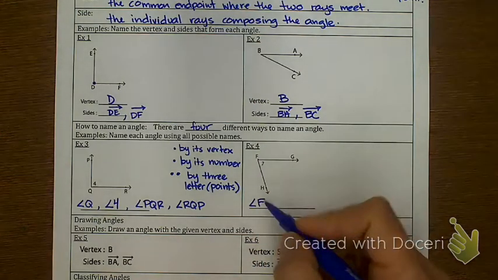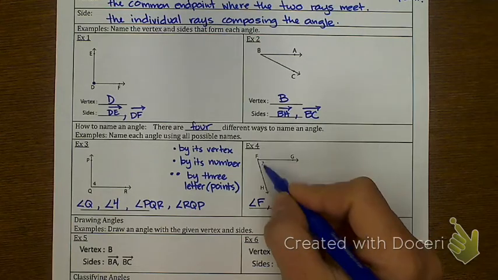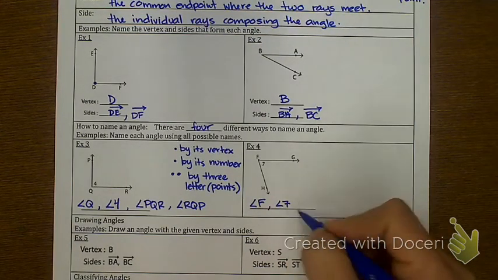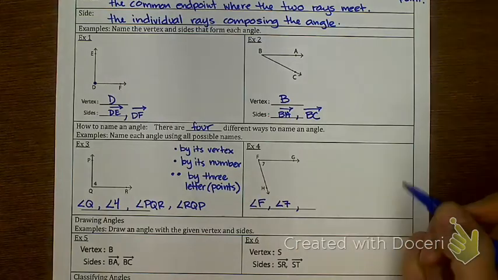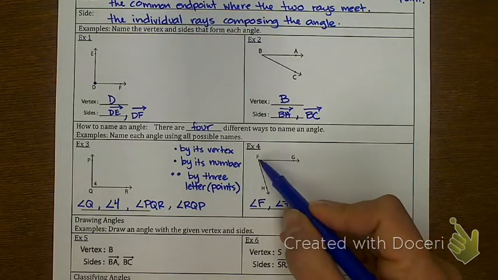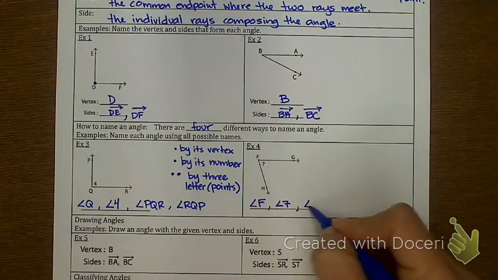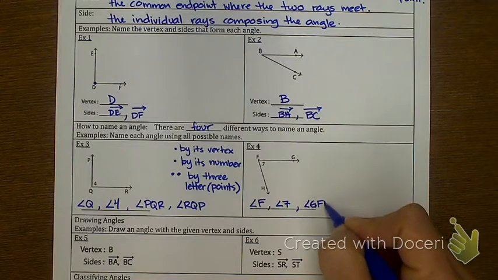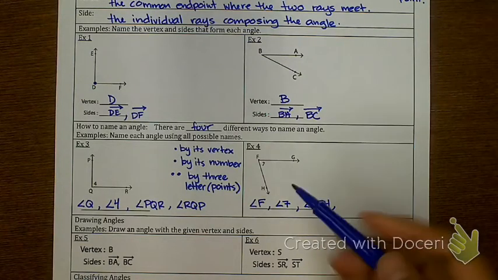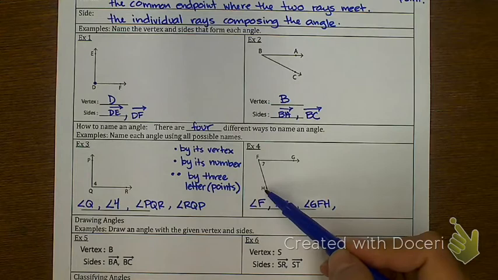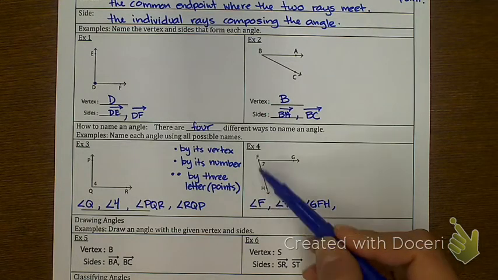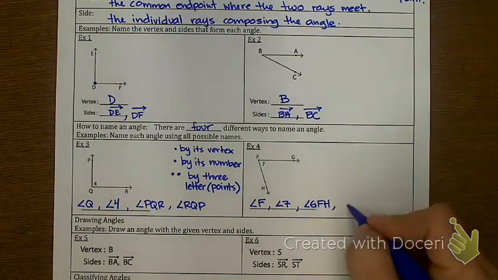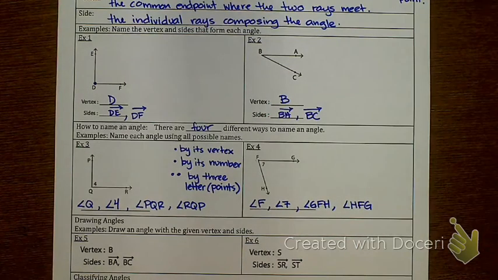If we were going to name it by its number, it would be angle 7. If we were going to name it by 3 points, we could name it angle GFH. Or we could go the reverse order, starting on this side, and name it angle HFG. Hopefully you got that one correct.